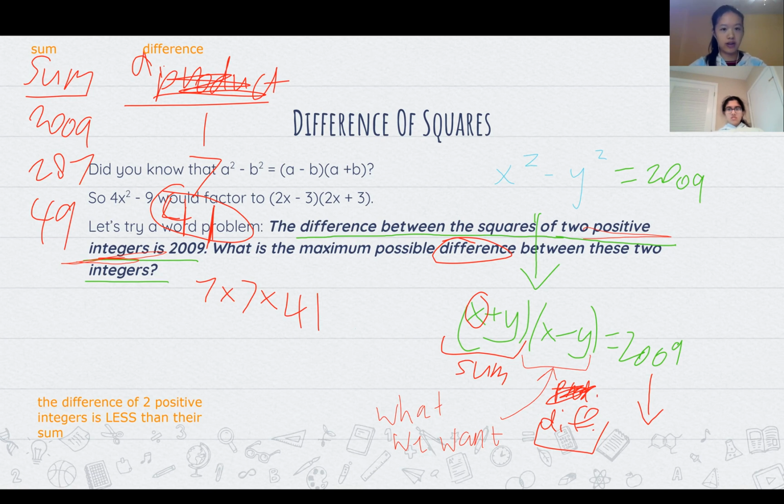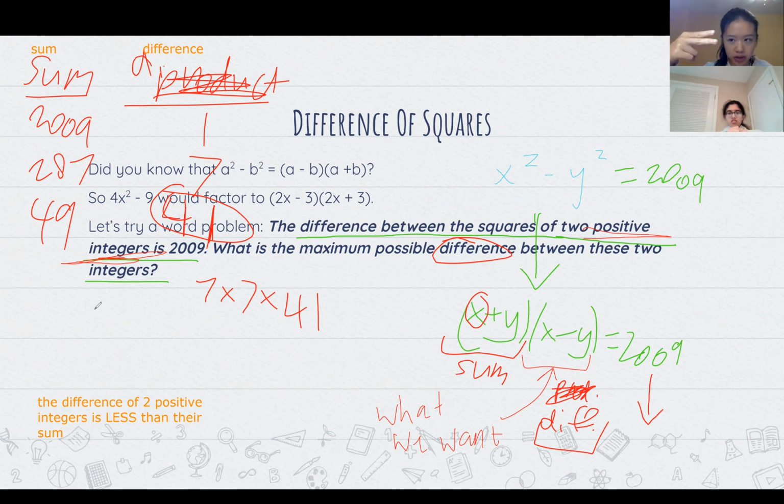So any questions about difference of squares? If not, we can do this. Oh, factors of 2009? Well, you could try a few things. You can see it's not divisible by 2 because it's not even.